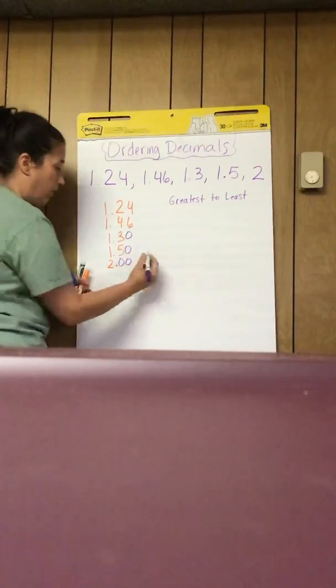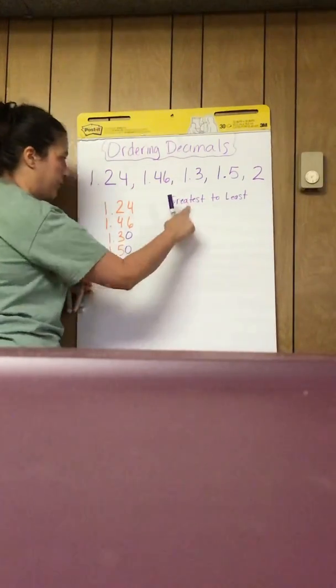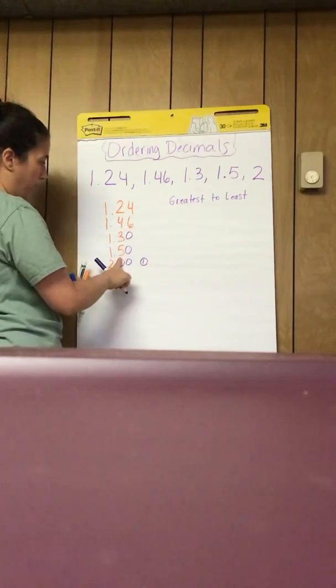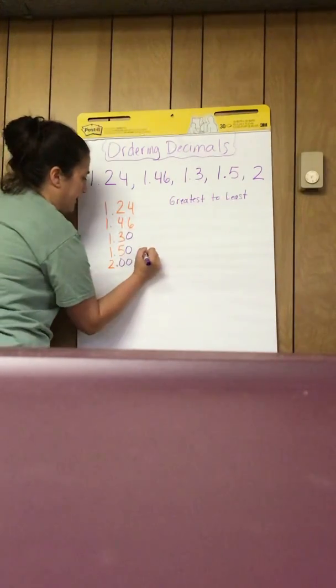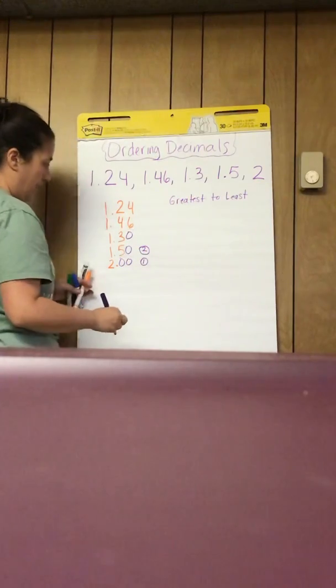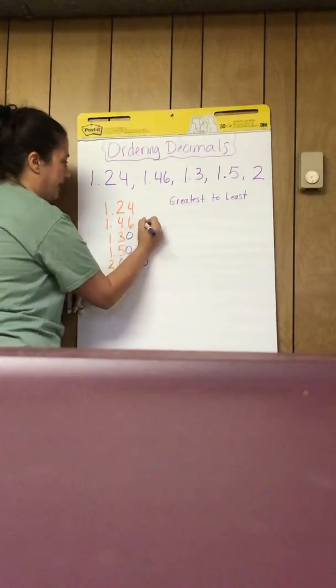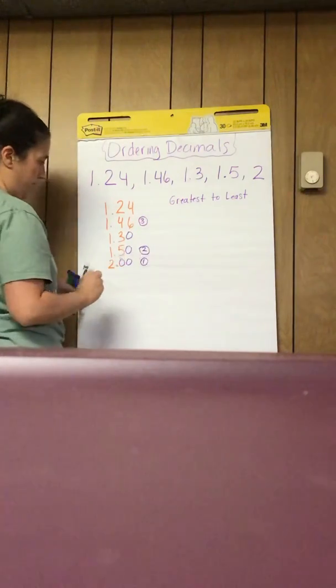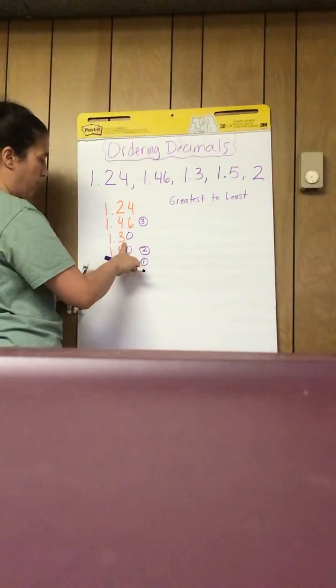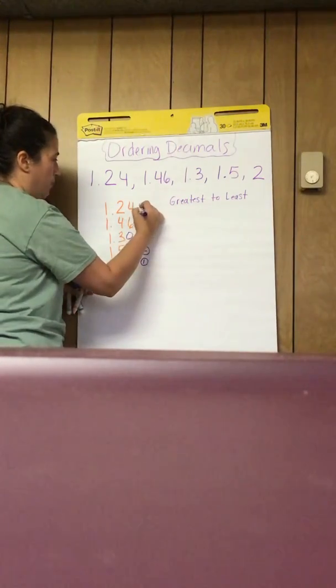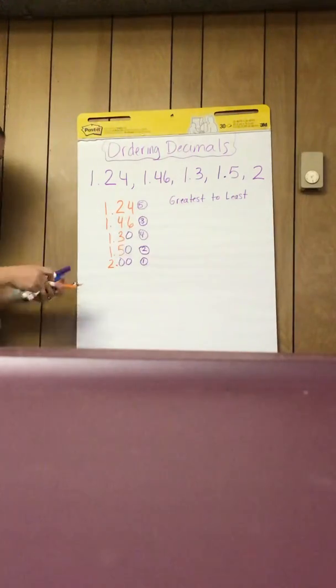So 2 wholes is going to be my first, which is my greatest. Then if I keep looking, I have 1.50, that comes in second. I look for my next one, which is 1.46, that's third. Then my very next one's going to be 1.3, which is in fourth place. And then 1.24 comes in fifth place.